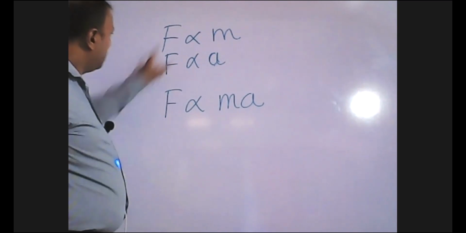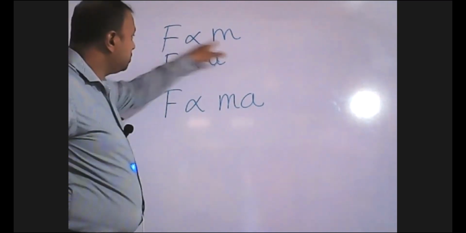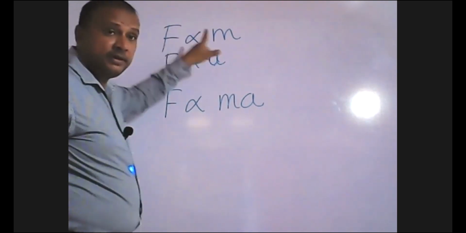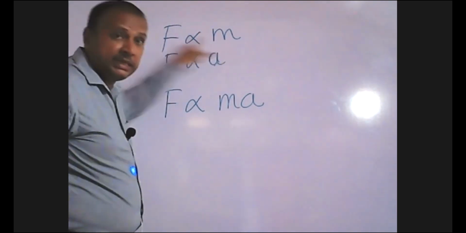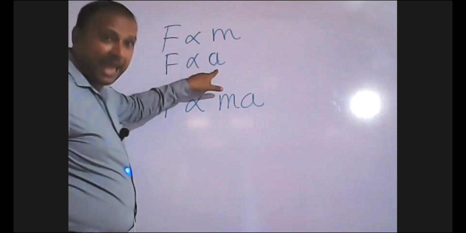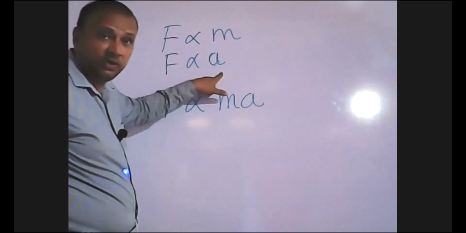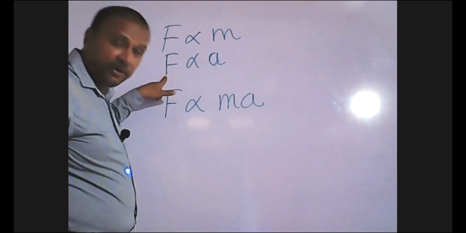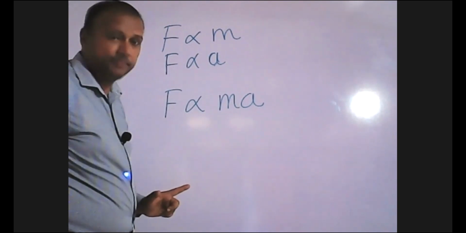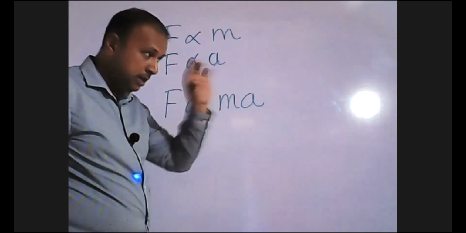So F directly proportional to M means when M increases, F also increases. F directly proportional to A means when A increases, F increases too, keeping the ratio constant.